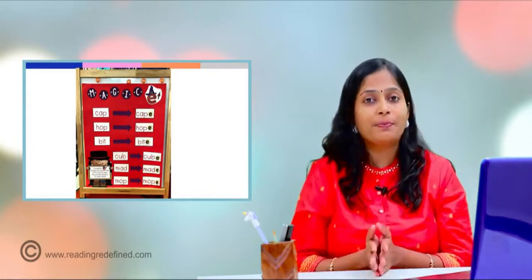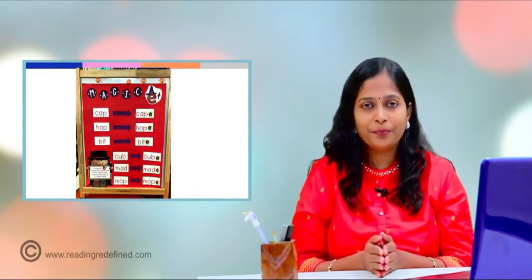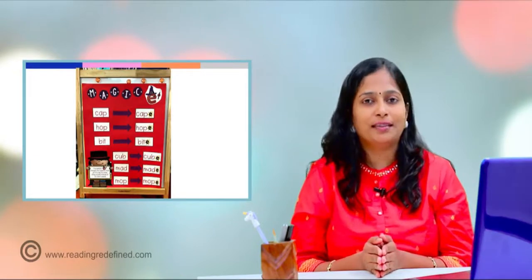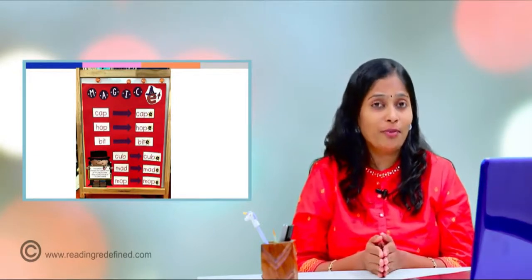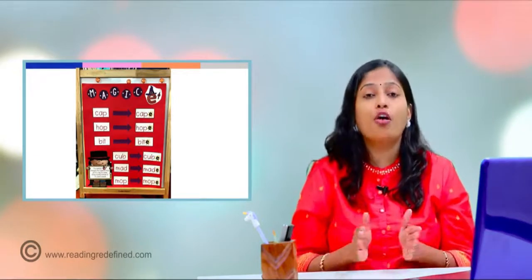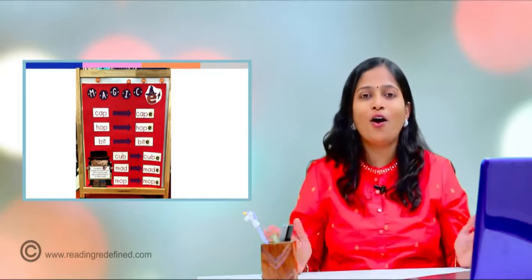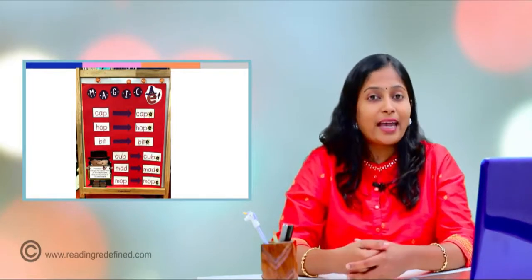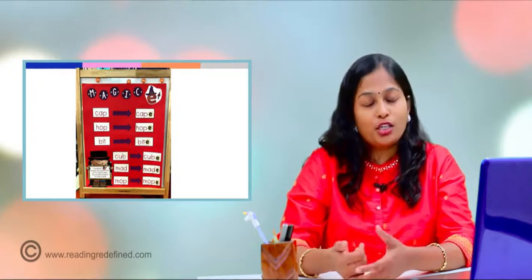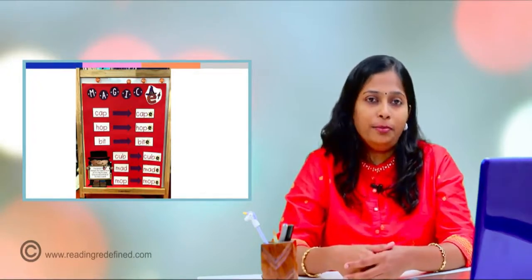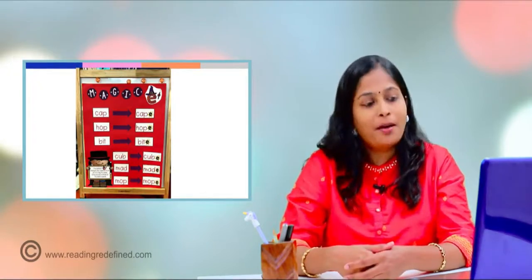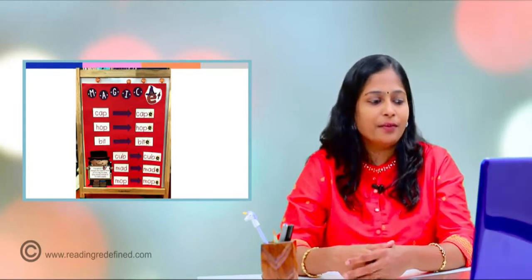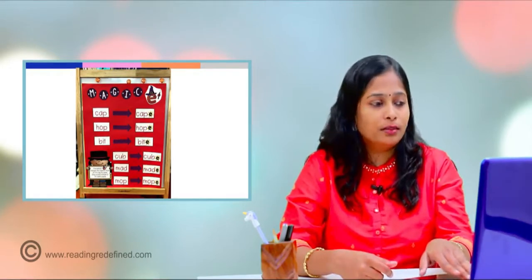So I have a special video attached here for you to better understand the magic E. What is the job of magic E? To change the short vowel into a long one. So the words like cap is changed to cape, hop, hope, bit, bite, cup, cue, mad, made, mop, mope.